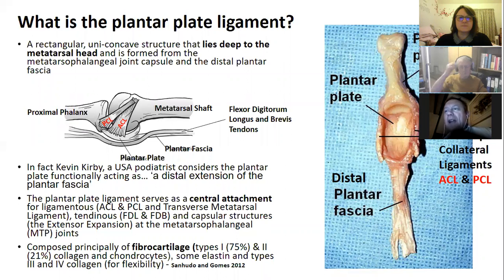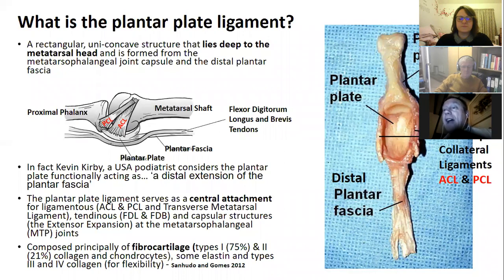So the plantar plate itself, if you look to the right-hand side, you'll see a dissected specimen of this, and you can see at the top of the slide a proximal phalanx. So this is the first bone in your lesser digits, the proximal phalanx, and then just proximal to that, you can see the shiny looking structure, which is in fact the plantar plate.